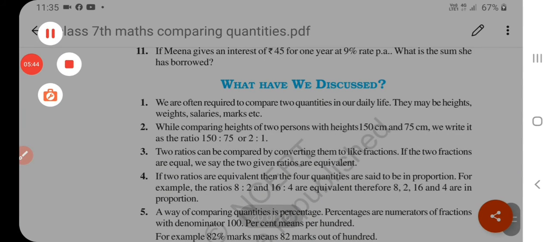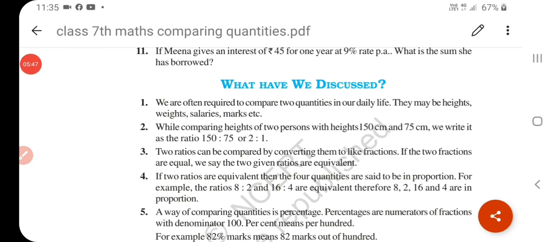Okay, understand? Now students, in this chapter we have learned that we often need to compare two quantities in our daily lives. They may be height, weight, salary, marks, etc. They can be anything. Now while comparing the heights of two persons with heights 150 centimeter and 75 centimeter, we write it as a ratio 150:75, or 2:1.